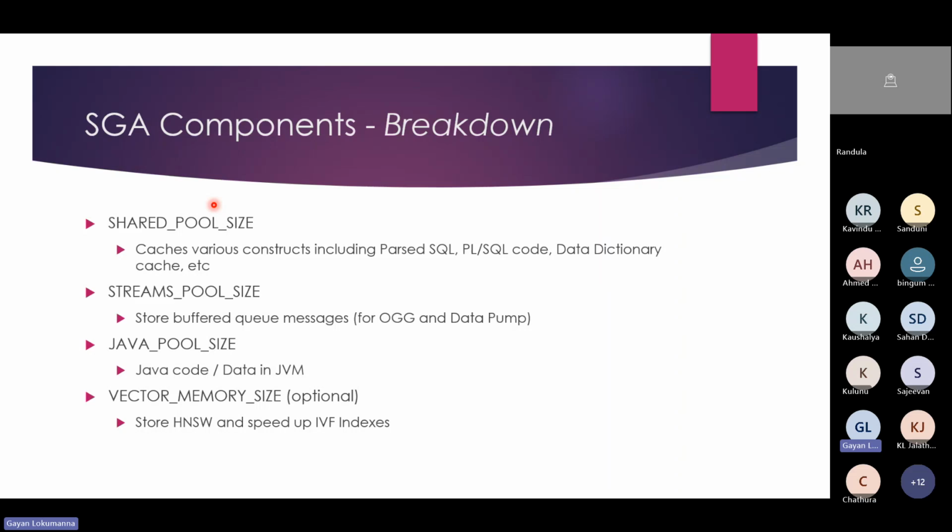And then we also have vector memory size, which comes along with Database version 23ai. And again, it is optional. So why is it optional? There are vector indexes, right? I think we will have a separate session on vectorization, vector embedding, and how we really make use of vector databases, vector columns, or vector values in order to make decisions through Gen AI.